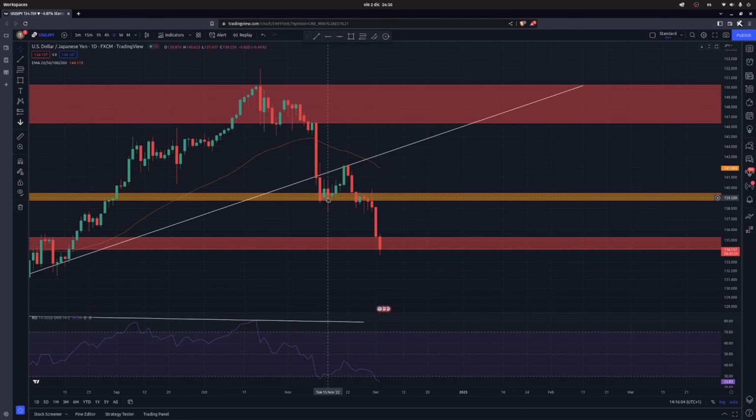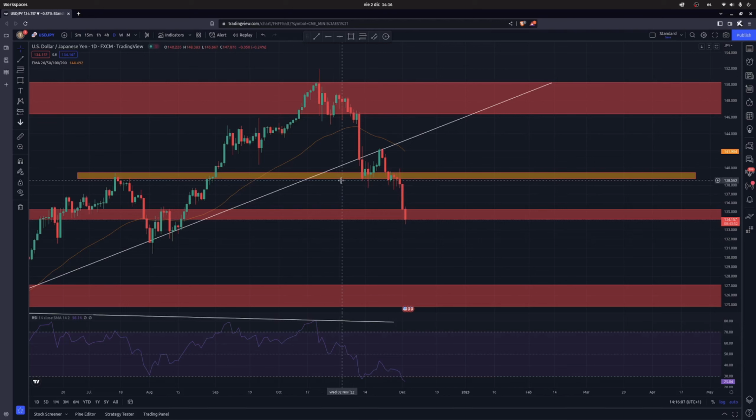We got rejected at this support here, went back up, and the lower trend line here acted as resistance. We went back down and broke this support line here. And yeah, this would be, I think, a short entry, right?